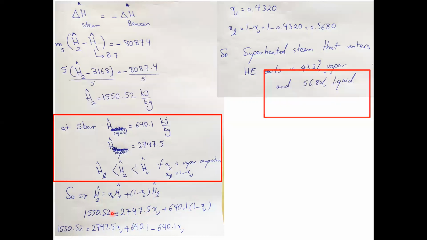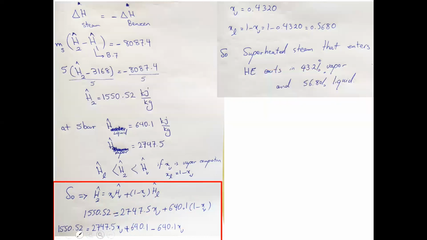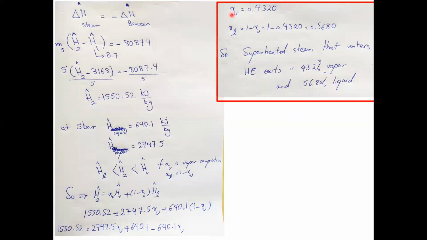Through this equation, you can calculate the composition of the steam. As you calculate the composition of the steam, you can calculate the composition of the liquid. So you can say the superheated steam that enters the heat exchanger leaves the heat exchanger in the form of wet steam with a composition of 43% vapor and 56% liquid.